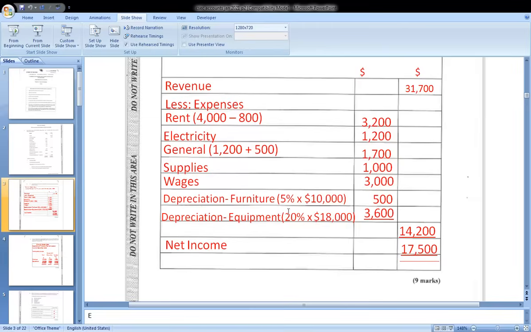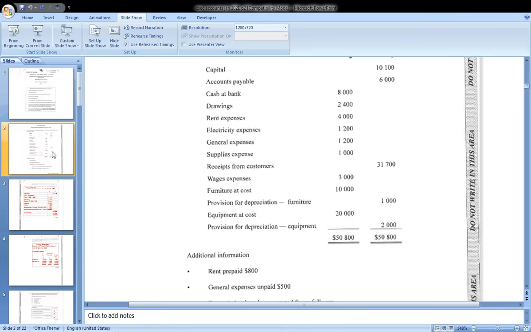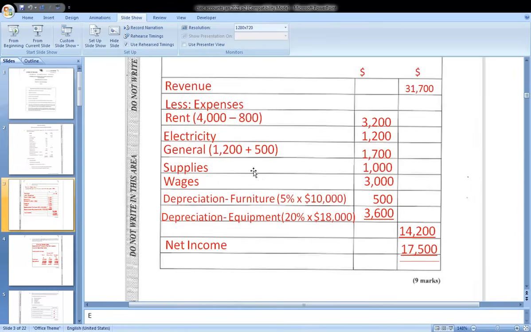Electricity was 1,200. Then we had general expenses, 1,200, and general expenses unpaid, which is 500.